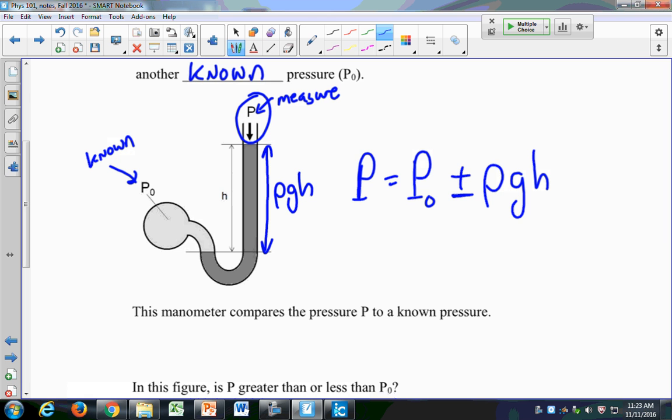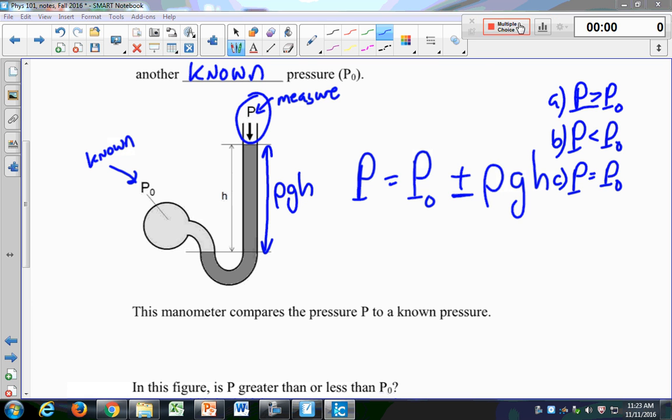Let's do it as a clicker question. Is P bigger than P naught? Is P less than P naught? Or is P equal to P naught? When you see this on the test, you'll have to ask yourself that question, and that'll tell you whether to use the plus or the minus when you calculate what P is.